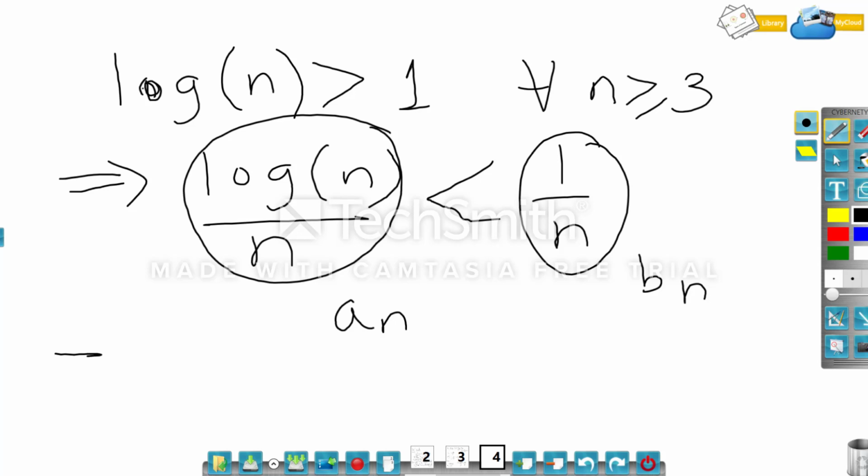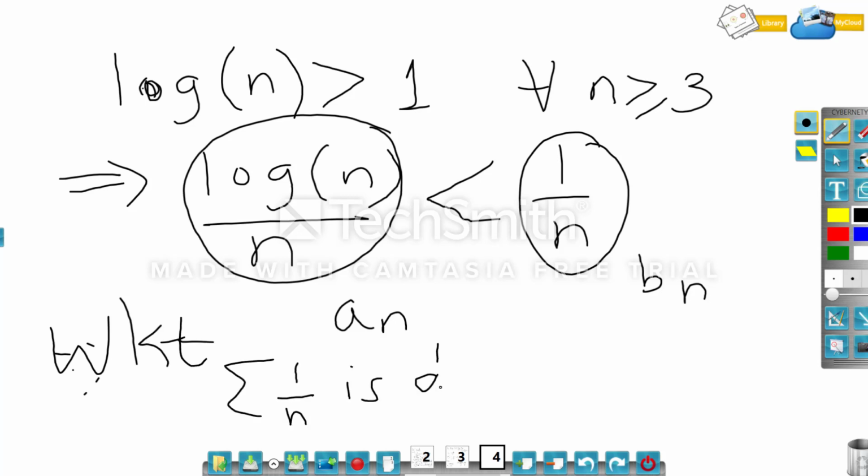We know that the series 1 upon n is divergent by the p-test.